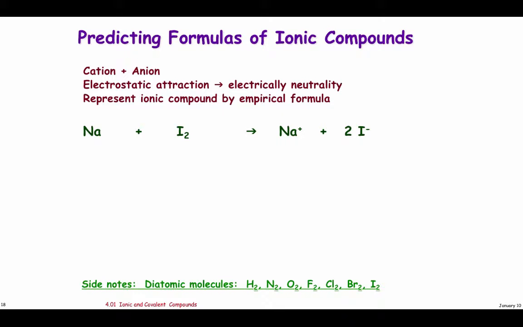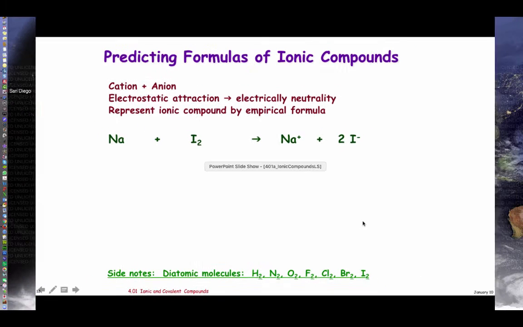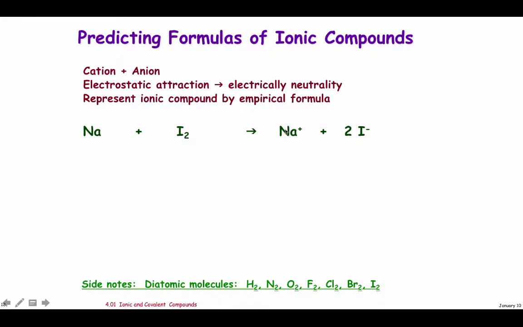The first thing that you want to do in this particular example is realize that sodium's common charge is +1 and that iodine's common charge is -1. So the iodine will split up into 2 iodine ions, and then you combine the sodium and the iodine to make a formula. That's what we see right here.